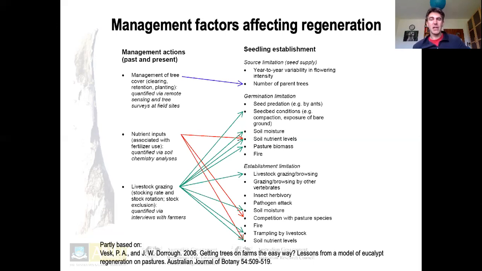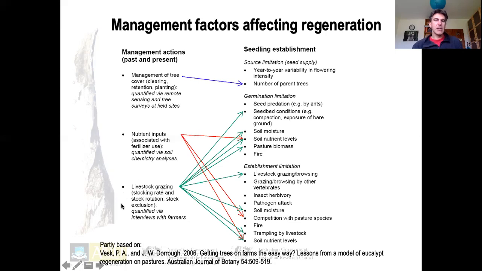So eucalypts are used to low nutrient environments, which is the native condition of soils in this part of Australia. So linked to the inherent kind of not very suitable to eucalyptus of low soil nutrient levels, and perhaps even more important is competition with pasture species because of high soil nutrients.